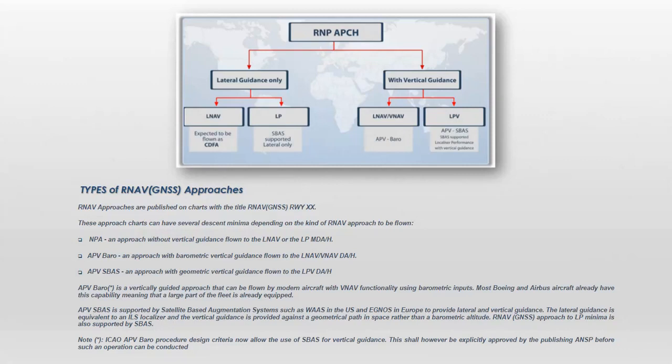RNAV, GNSS approach to localizer performance, LP, minima is also supported by SBAS. Note, APV BARO procedure design criteria now allow the use of SBAS for vertical guidance. This shall however be explicitly approved by the publishing Air Navigation Services Board before such an operation can be conducted.